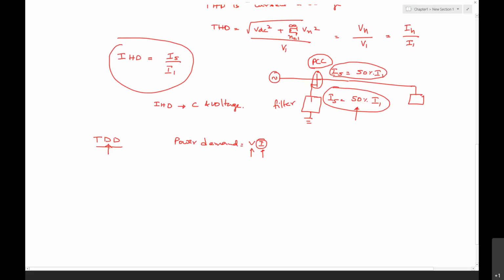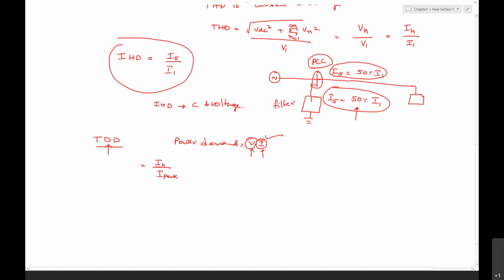The total demand distortion is the harmonic content of the current with respect to the peak current. When you talk about a demand, there is no voltage; it is only with respect to the current.